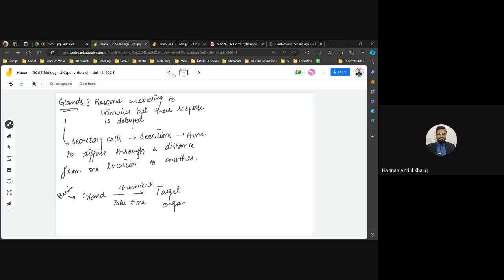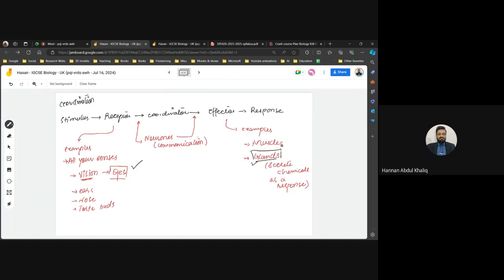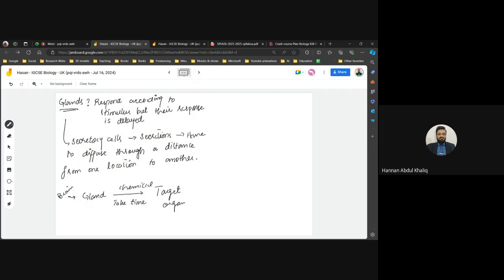Remember what we are saying, that effectors are of two types, muscles or glands. Now, muscles are very quick. Muscles are often studied in A2. So they are quick. Obviously, there is a very complex structure in them. But when it comes to glands, glands do release a chemical.